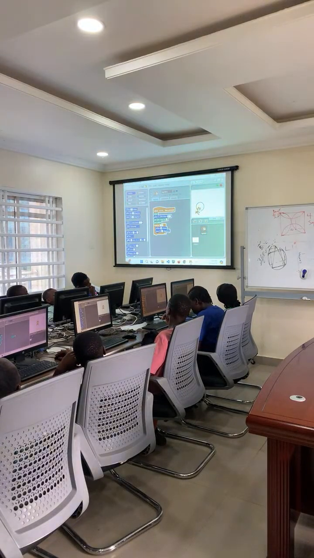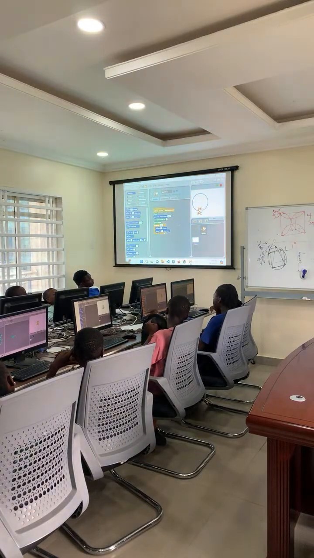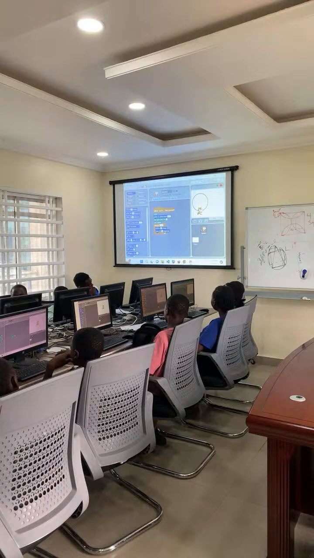For this exercise, let's make this a little bigger. So this is a full circle, right? A full circle is 360 degrees. How can we make a semicircle? 180, right?